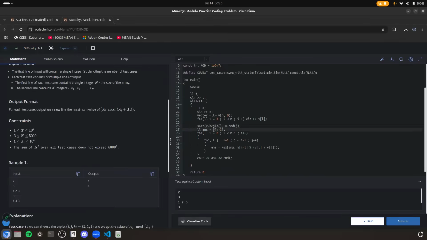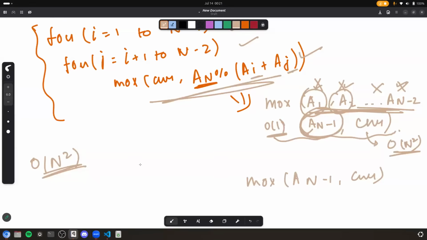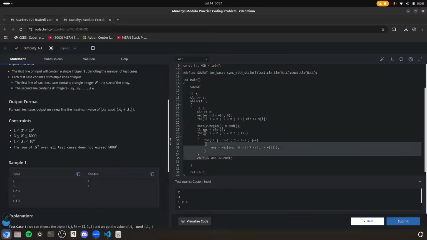So I just initialize my answer with the element at n minus 2. It is 0 based in my solution. Then I can just run these two for loops to calculate the maximum answer for n minus 1, which is the largest element. So I calculate the maximum answer and then I print out the answer. So the overall time complexity would be n square.